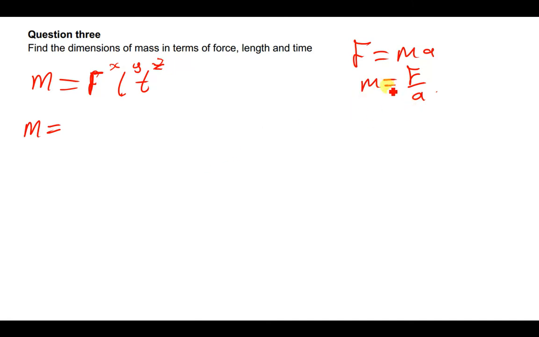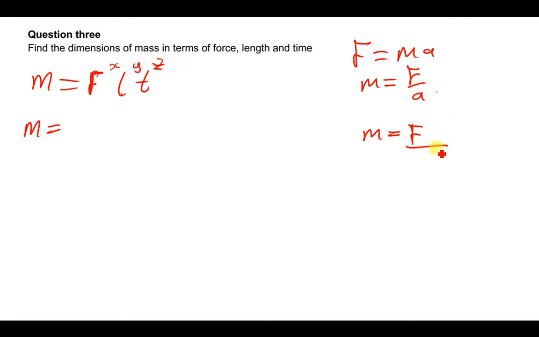So the force over the acceleration there, meaning m can be written using dimensional analysis. Let me write it first in dimensional analysis. So I have F there, and then acceleration there.